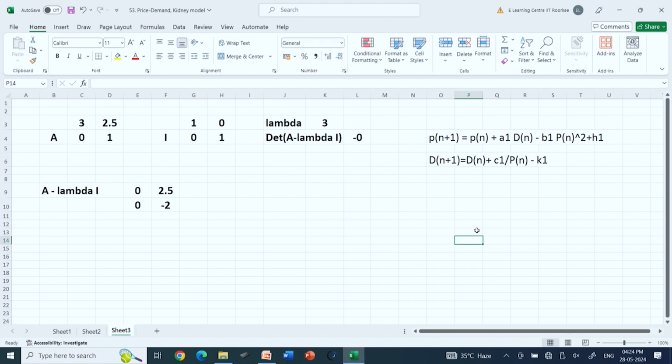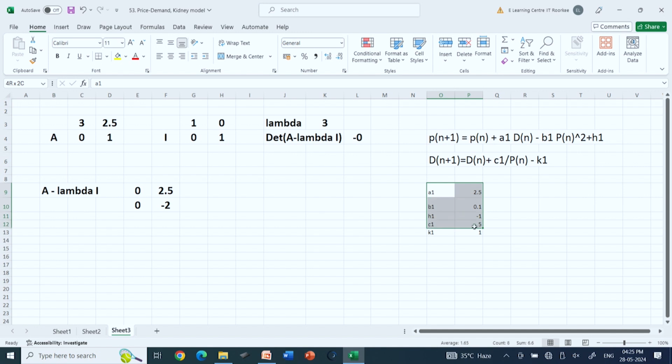And the values of the parameters a1, b1, h1, c1 and k1: a1 is 2.5, b1 is 0.1, h1 is -1, c1 is 5 and k1 is 1.